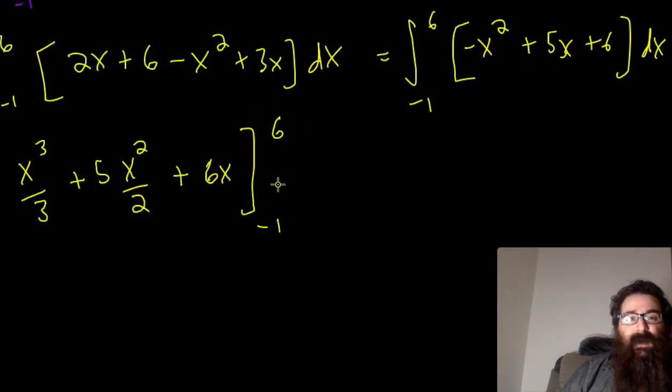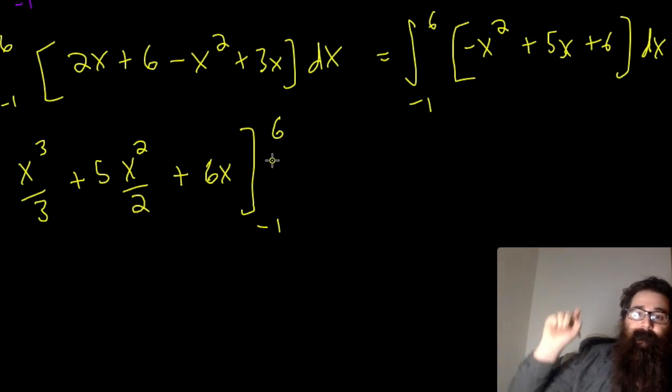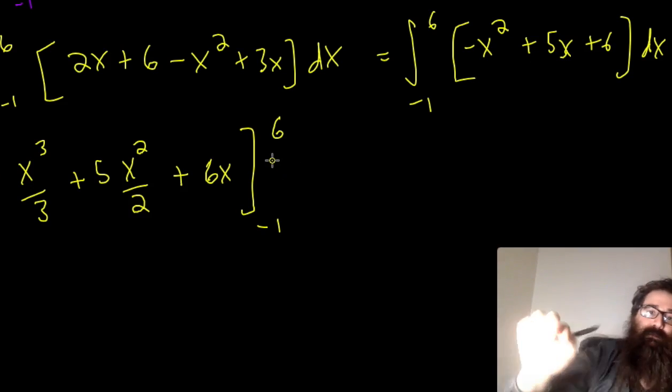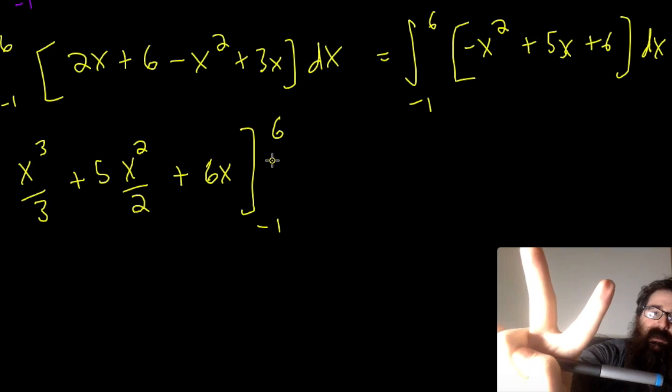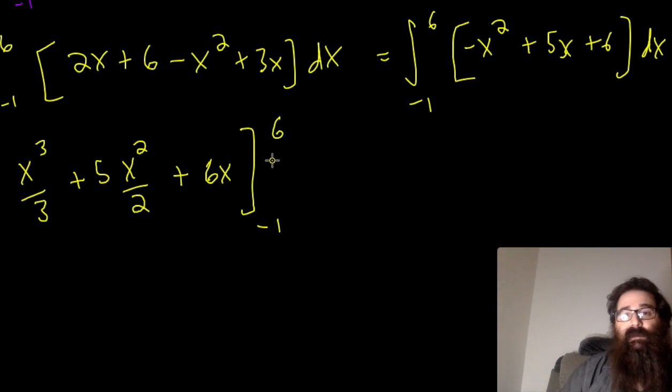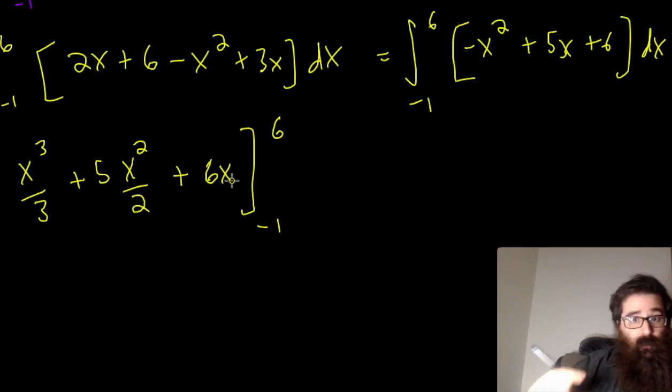Now I just have to evaluate. Keep in mind we need the fundamental theorem of calculus part 2, Judgment Day. We're going to plug in the upper bound of 6 everywhere we have an x, then plug in the lower bound of -1 everywhere we have an x, and subtract in between. So I get my parentheses.